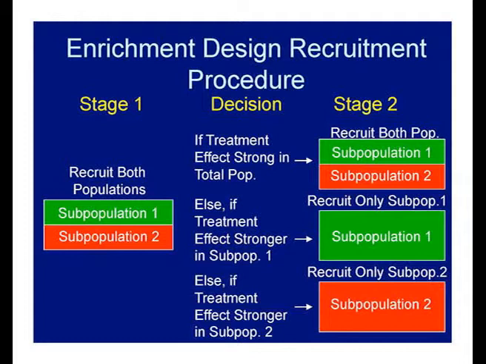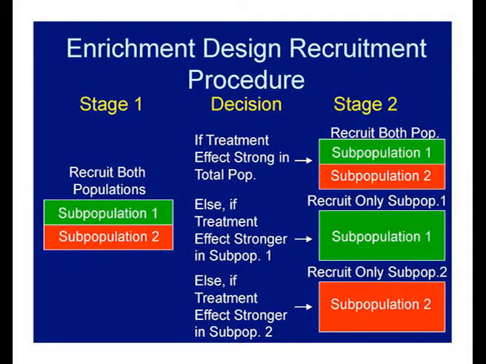But for now, you could start off, say stage 1 is enrolling both populations, and then you do one analysis in the middle, where if the treatment effect is relatively strong, there's some signal from both populations of a benefit, and there's not a higher adverse event rate for population 2, then you just continue enrolling both.